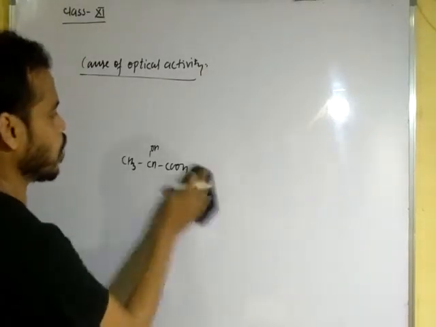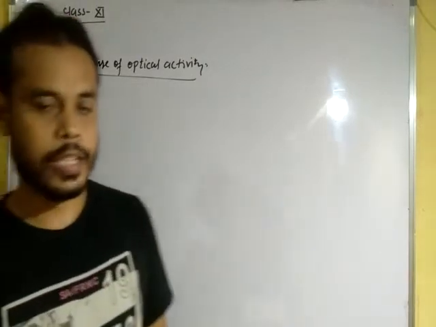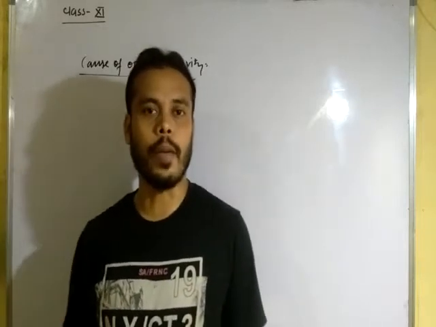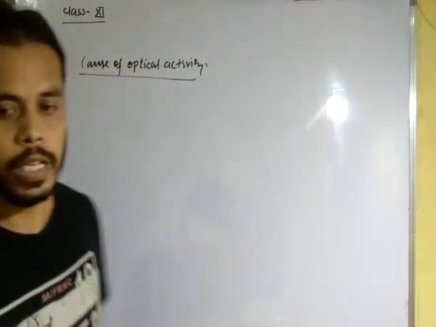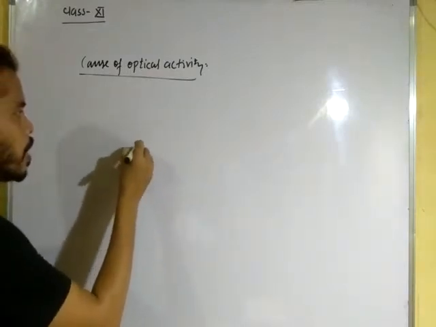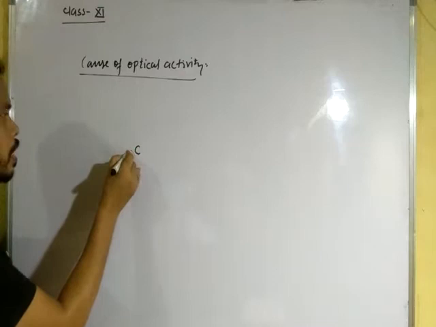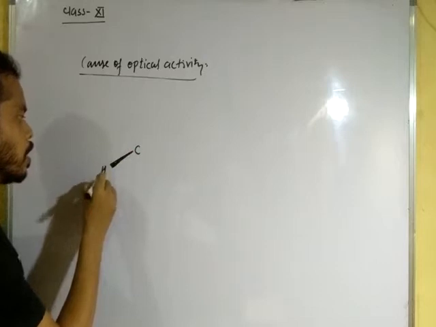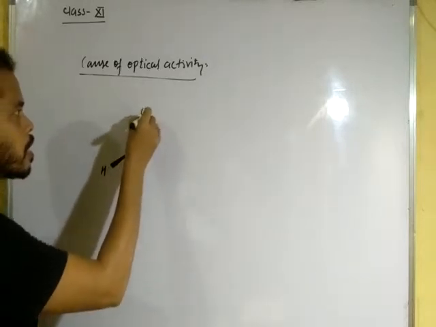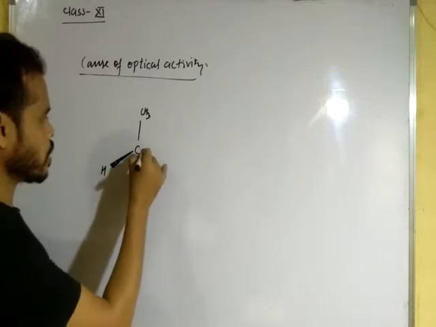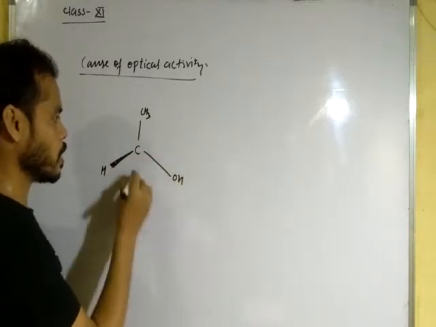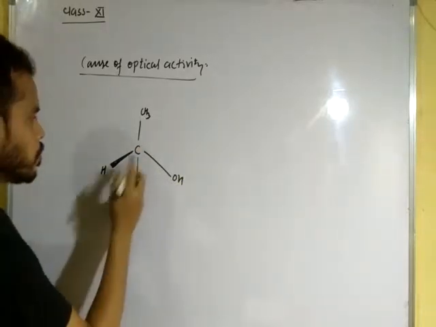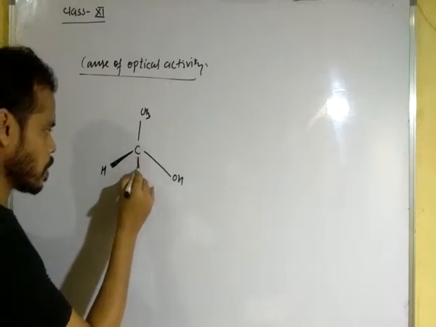Lactic acid has two isomers, which are non-superimposable mirror images of each other. See here the carbon, with hydrogen here, the methyl group attached here, the hydroxy group here, and here the COOH acid group is attached.